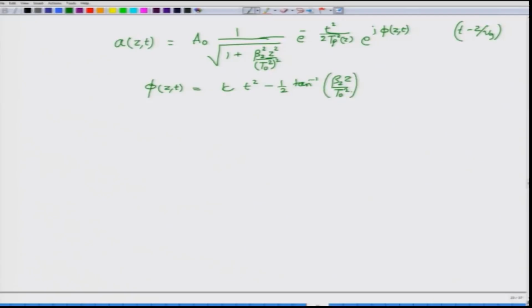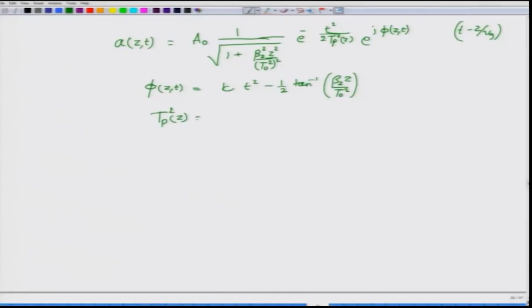Okay. Do not worry how you got these equations; you get them by fairly simple means of separating it out, writing a complex number in its magnitude and phase form. And this phi of z, t that I have written, where kappa is a constant, depends on the time variable through a t square term. So, it is a quadratic dependence on time, minus half tan inverse of beta 2 z by t0 square.